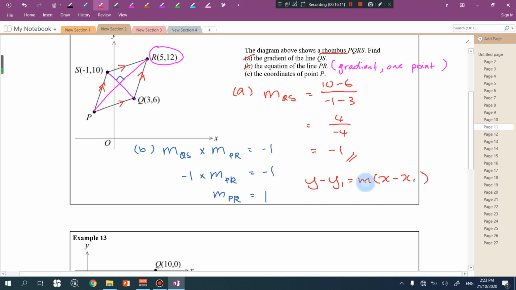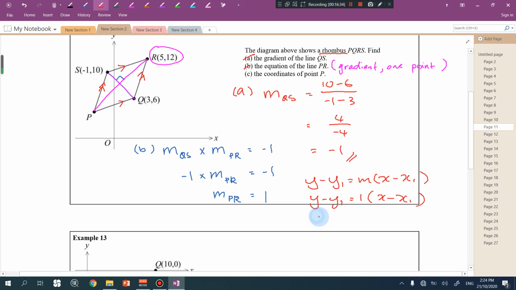Now I know that the gradient is equal to 1. I'm going to plug this into the formula. y minus y1 is equal to 1 times x minus x1. The 1 here, you don't have to write, it's okay. People know that there is a 1.